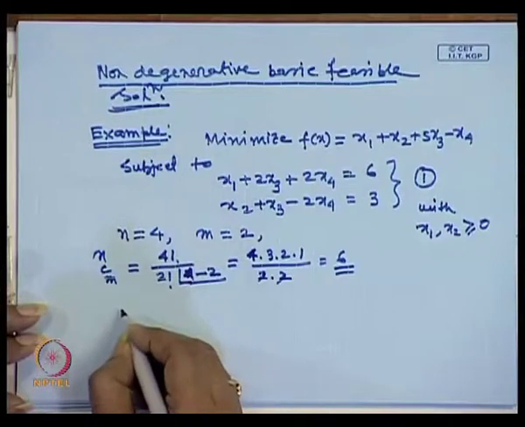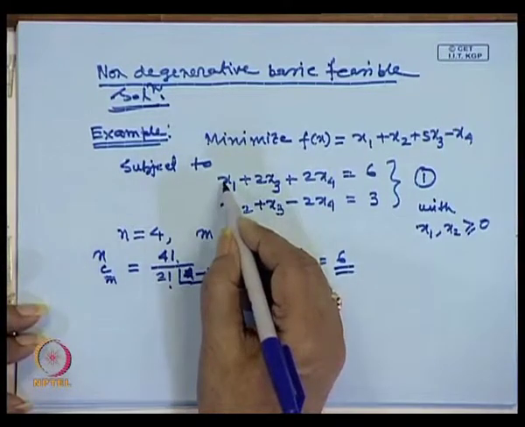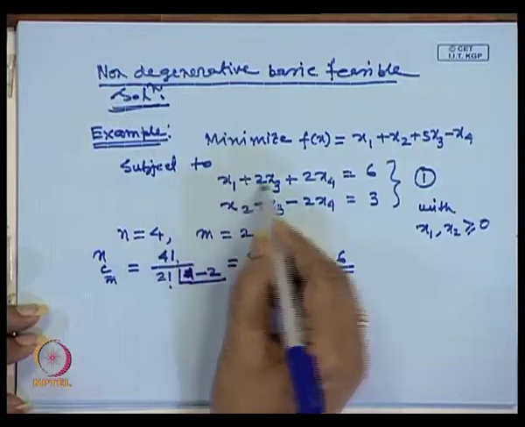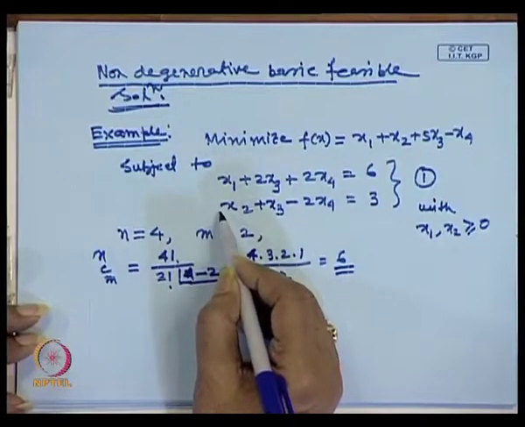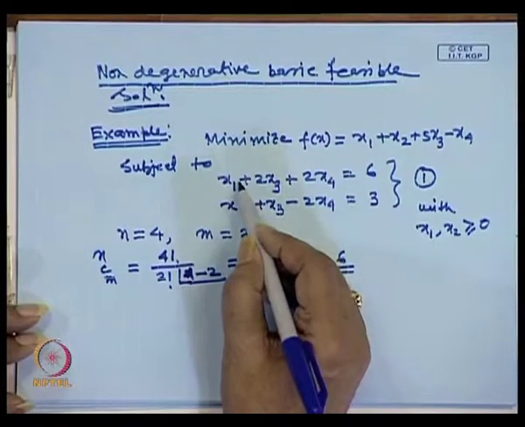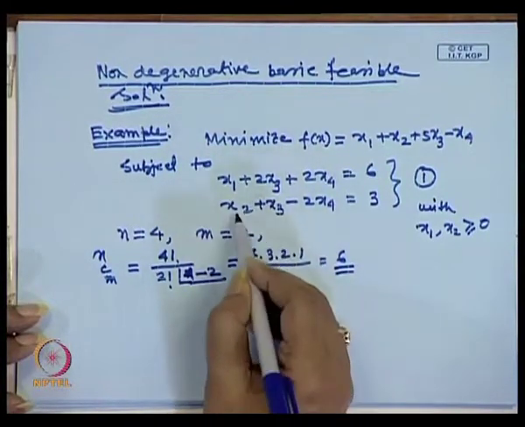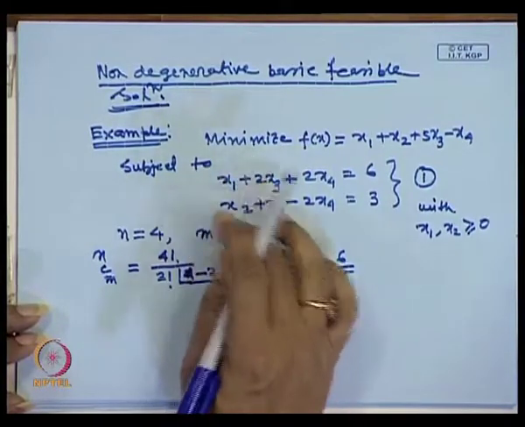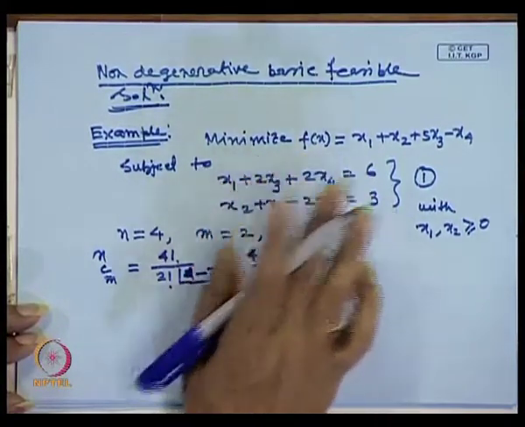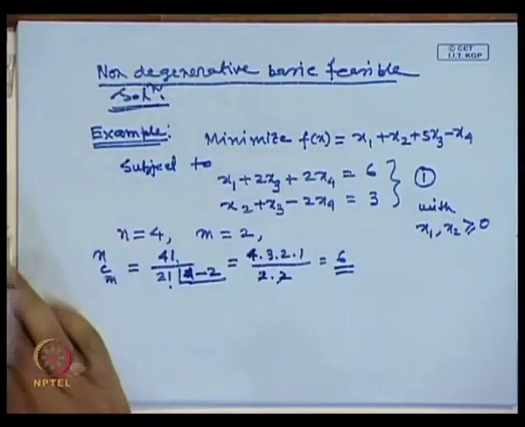Now, if you see our basic variables, x1 is involved in the first equation but does not appear in the second. Similarly, x2 is involved only in the second equation, not the first. So this is already in canonical form, as we discussed earlier.